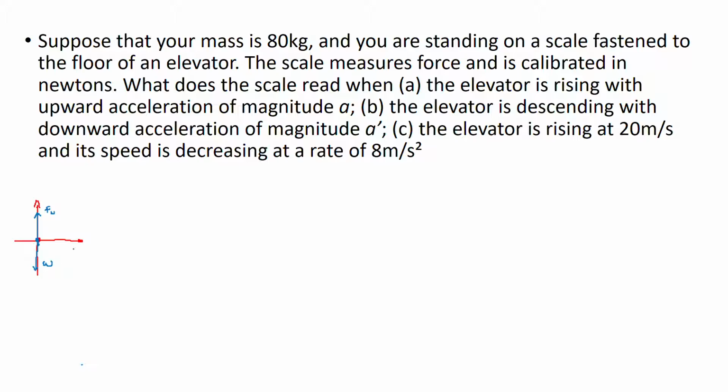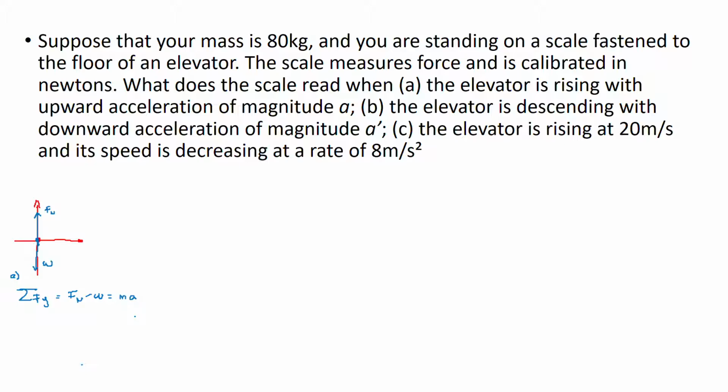So let's set up the equation for this, and we're going to know that the sum of the forces in y is going to be equal to the normal force minus the weight, and that's going to be equal to something. Okay, so in the first case, that is case A, whenever the elevator is going upwards, this is going to be equal to mass times acceleration.